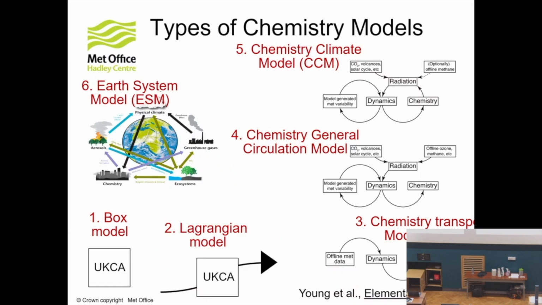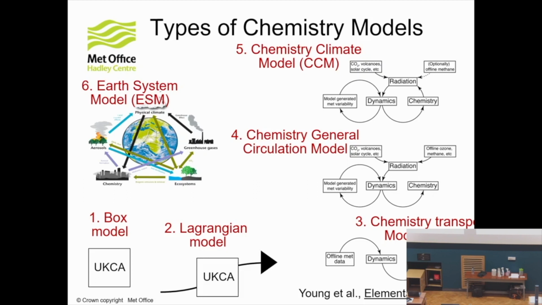We can feed that into a model that is calculating the dynamics and the advection of some chemical tracers. And then, of course, we can solve for the rate of change of different chemical tracers. This is what we refer to as a chemistry transport model, because the dynamics and the advection are kind of predefined through these offline meteorological data.